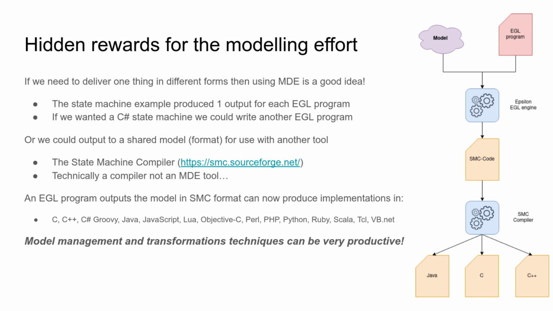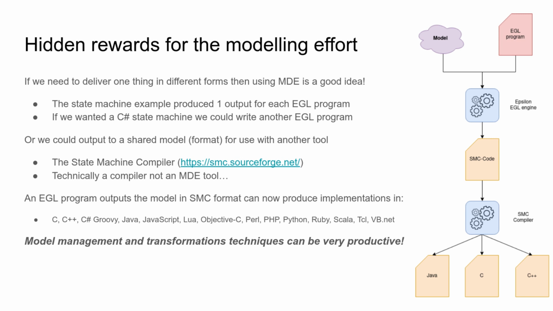For example, a hidden reward for our efforts of modelling our state machine lies within our generation process. At the moment, we have designed a modelling language for expressing a state machine, as to which we could express different state machines using the same modelling language, and we could produce Java implementations of each one.